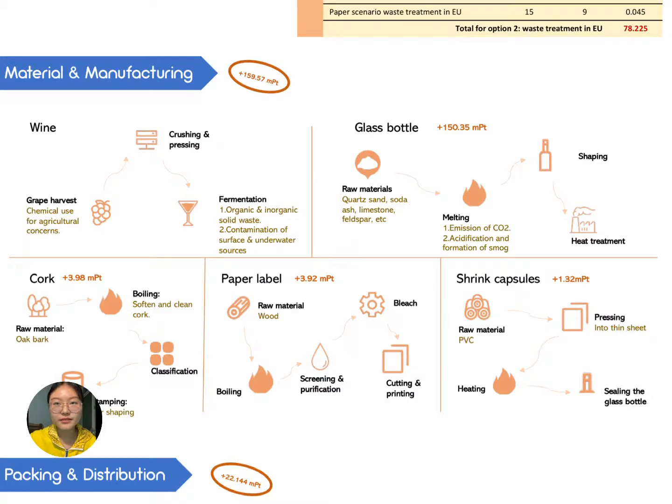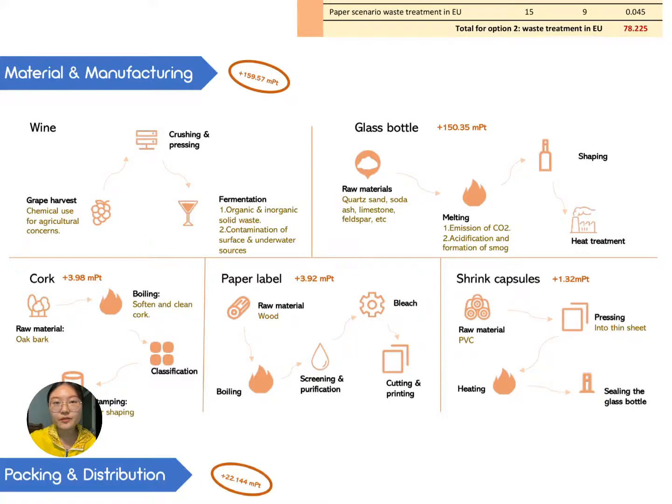Sulfur dioxide from the fuel could lead to acidification, and nitrogen oxides, due to the high melting temperatures, could also contribute to formation of smoke. These are all the unavoidable problems of the glass production.